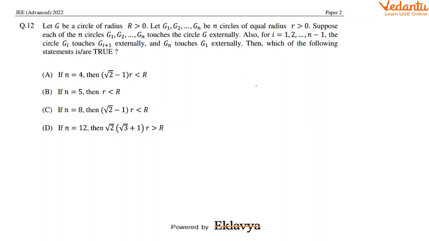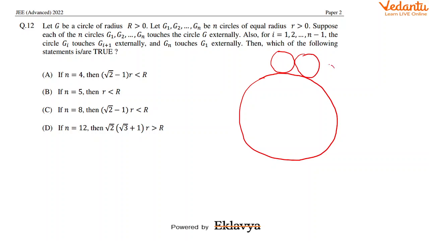So the situation is quite obvious. You can think that a bigger circle capital G is there, and smaller circles are touching it externally here, here, here, and like this, and so on.